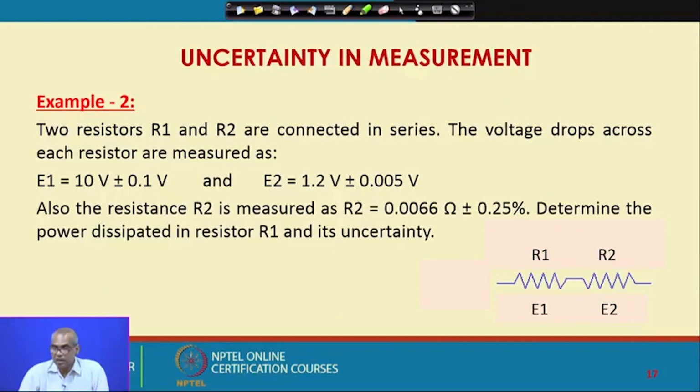So, two resistors are connected in series as shown in the figure. The voltage drop across each resistor is measured and the individual resistance is also known, and the uncertainty in it is also specified. We have to determine the power dissipated in the resistor R1 and its uncertainty.